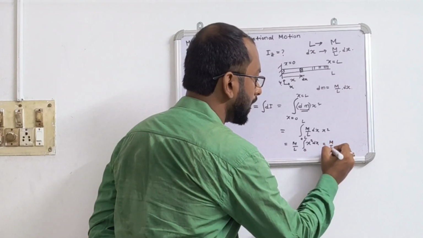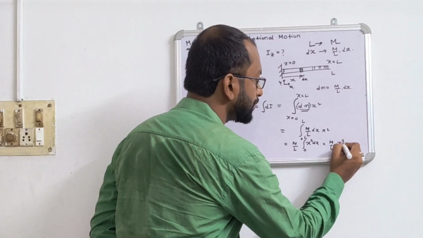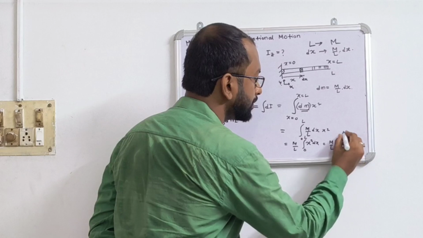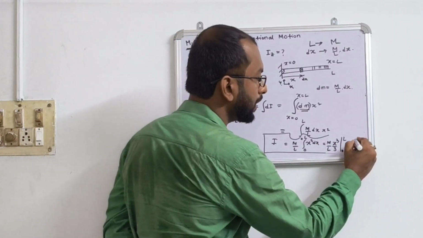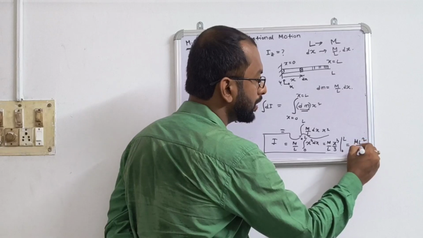So M by L into x cube by 3, with limits from 0 to L. So it is ML cube by 3L. So it is becoming ML square by 3.